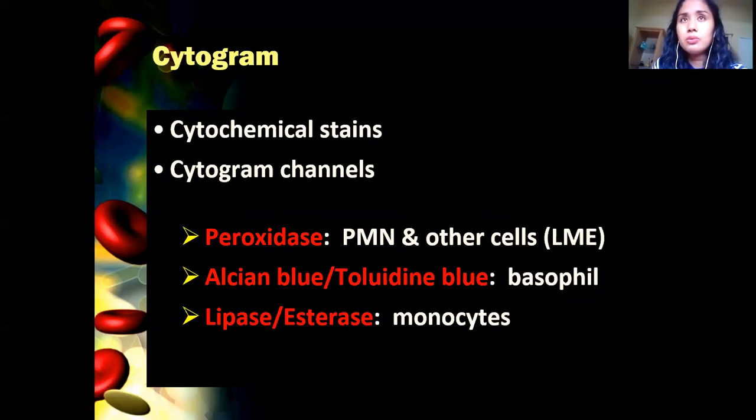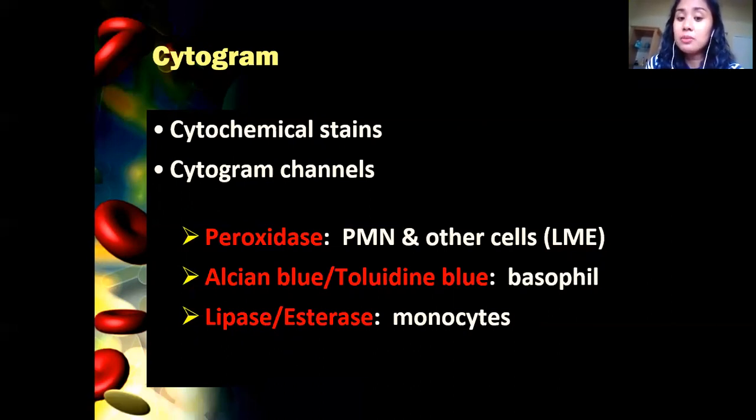Pero I want you to remember that when we talk about peroxidase, mataas ang peroxidase sa mga promyelocytes, because peroxidase is found in the primary granules or azurophilic granules. Next, ito, esterases.